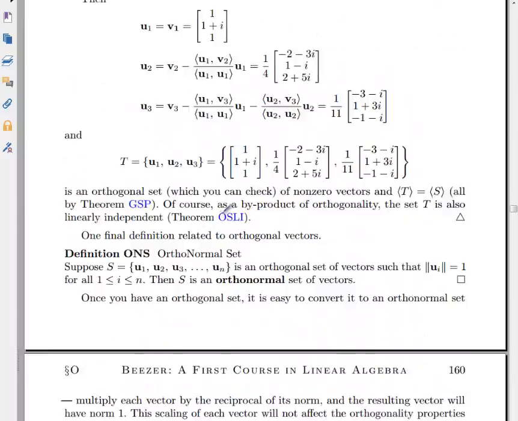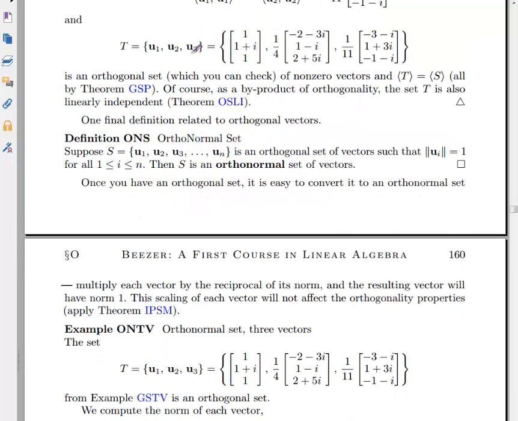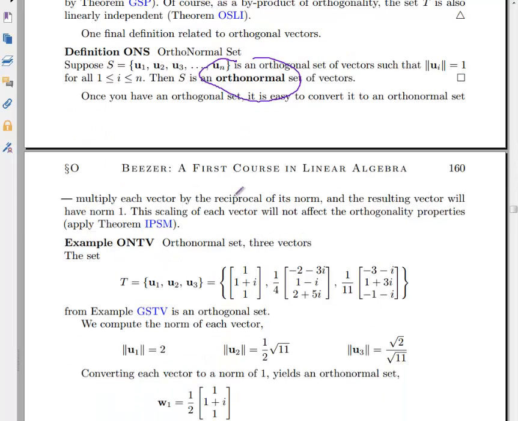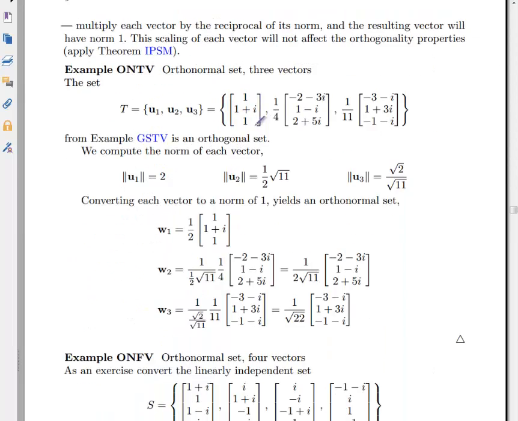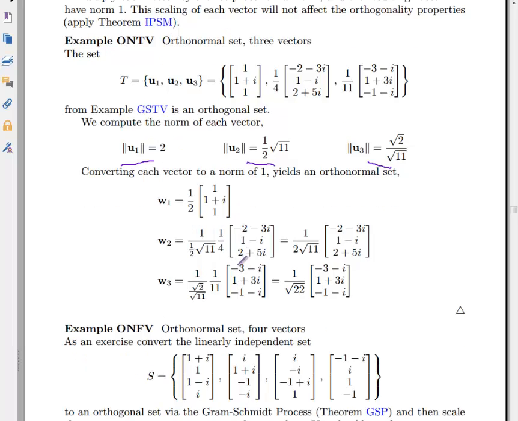And one further step that we did was turn these orthogonal vectors into orthonormal vectors by dividing each vector by its norm. So here was an example. You had 3 vectors, you computed the norm of each vector and you divided each vector by its norm to get an orthonormal set of vectors here, here, here.